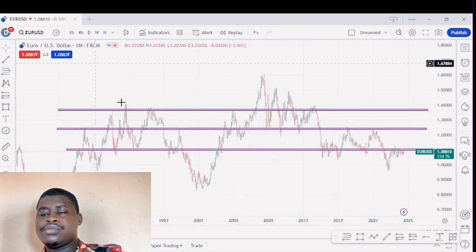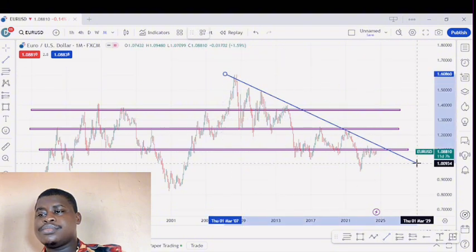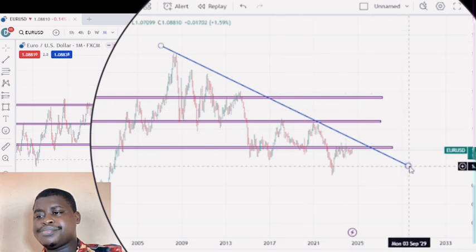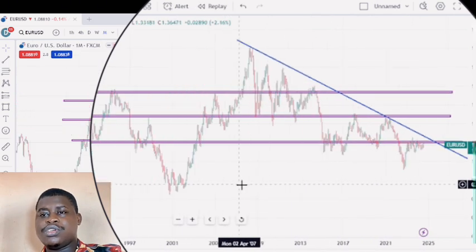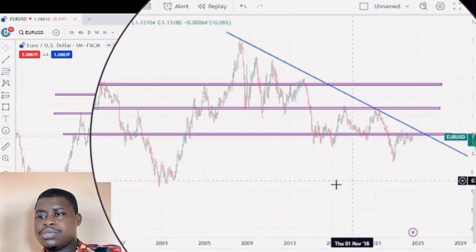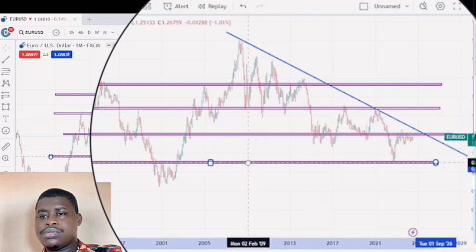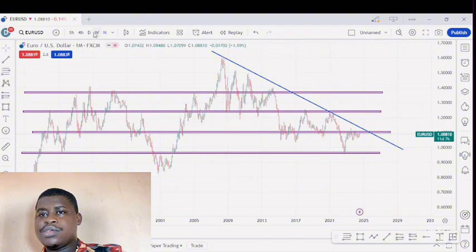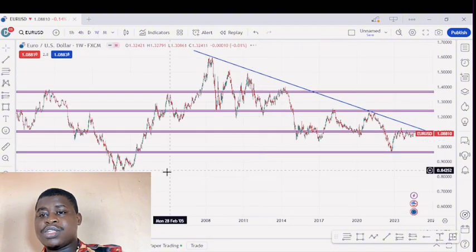Okay, let me quickly draw this trend line, this monthly trend line. Let me draw it out. There is another one down here. Let me readjust it on my weekly time frame rather.